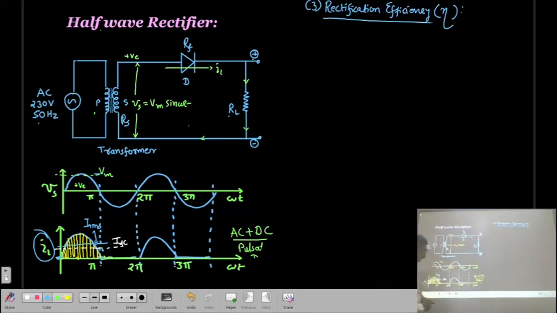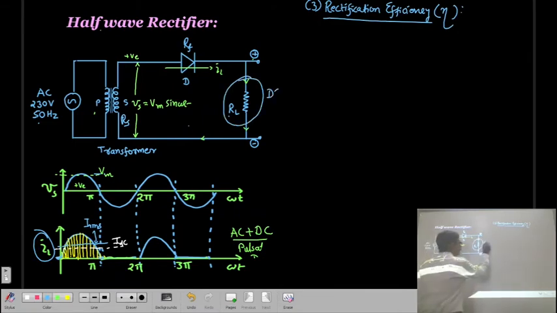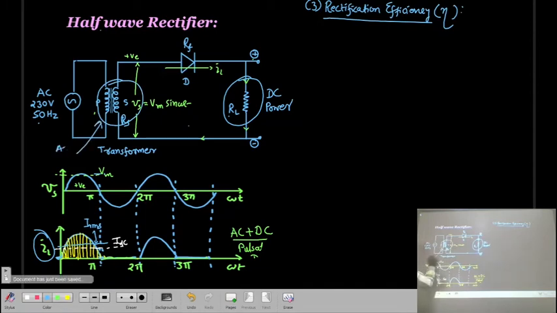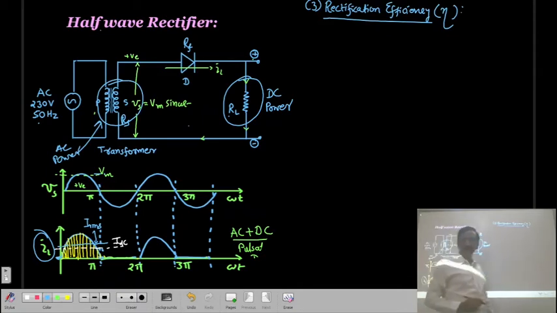Here the output parameter is the DC power in the load, and the input parameter is the AC power from the secondary of the transformer. So how much of your AC energy is converted into DC energy is known as the rectification efficiency.